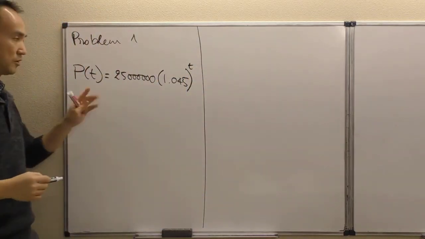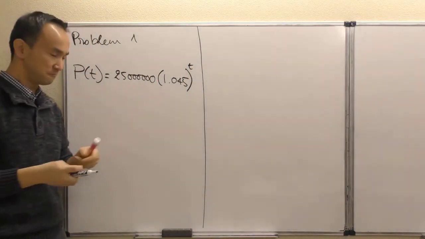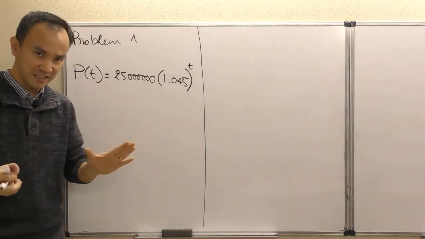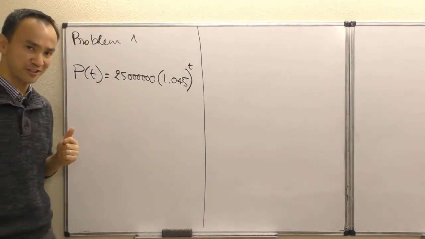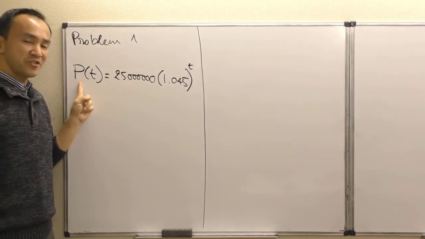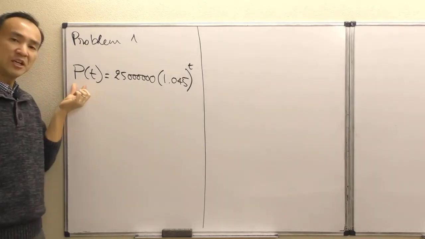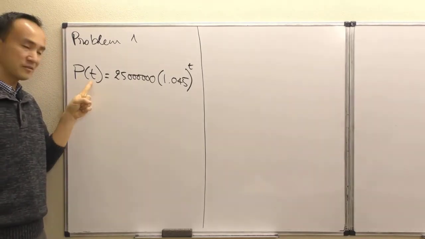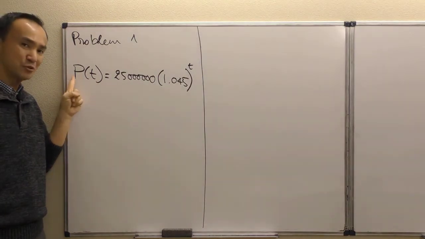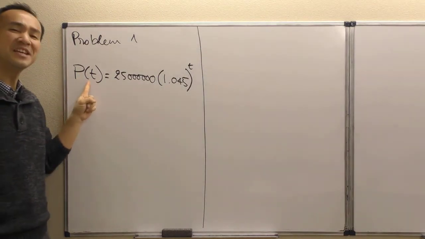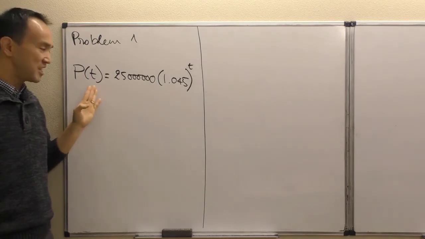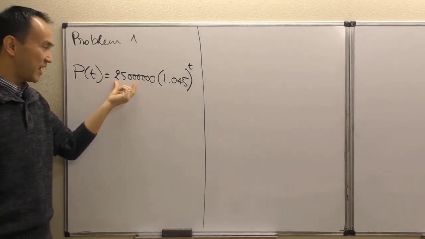So again, the function that we formulated at the end of problem 1, I notated the population as P of t. So the population of Utopia at t years later, where t was measured in years, and that was 25 million at start.